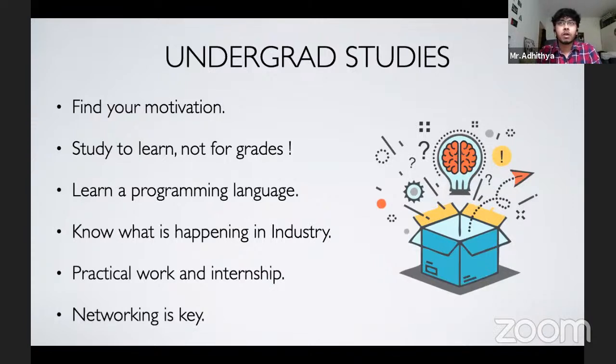Because during my bachelor's and my studies, I have seen a lot of people, and sometimes even myself, we just study in order to get grades and be done with certain courses or subjects.